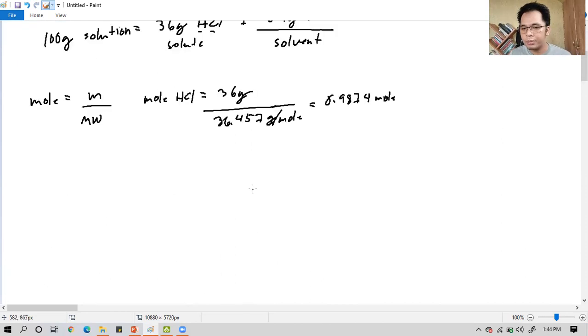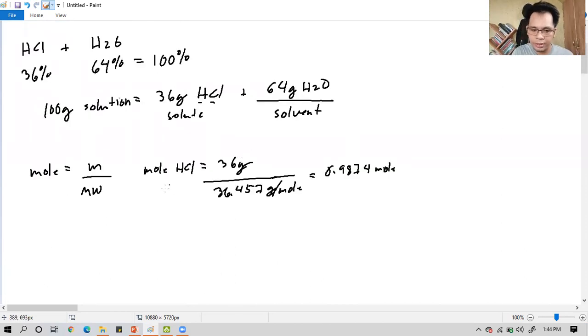Plus, what's the other component? The water, the solvent. So the moles of H2O is equal to 64 grams over its molecular weight, which is 18 grams per mole. Remember that the molecular weight is in the periodic table.